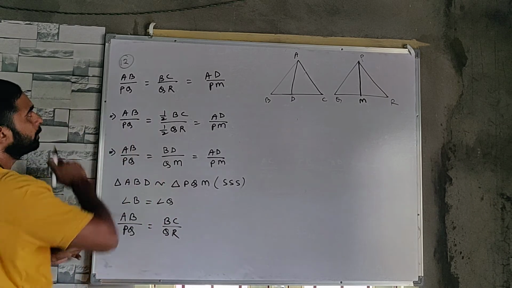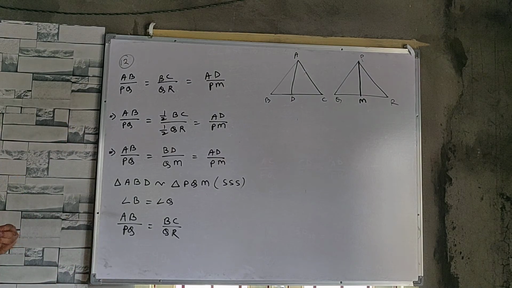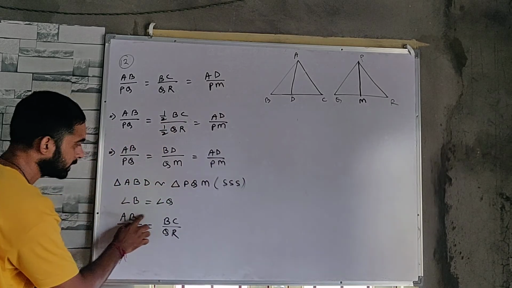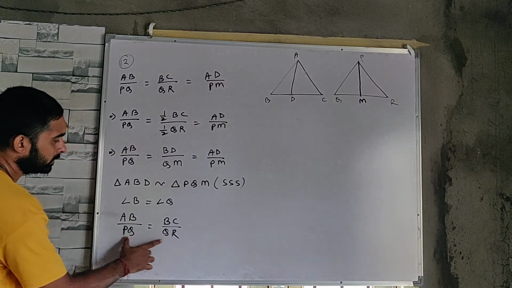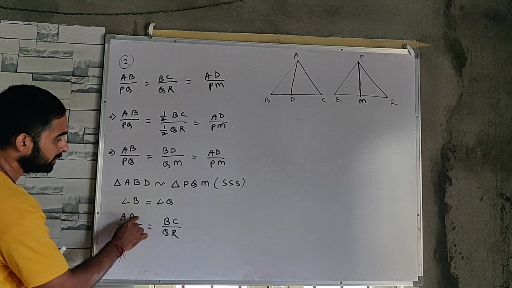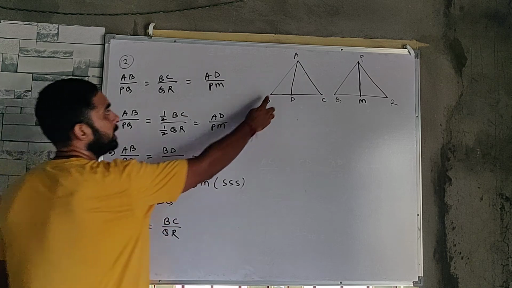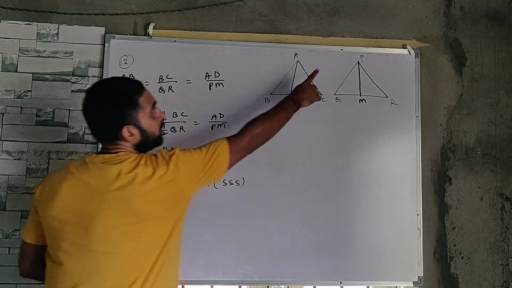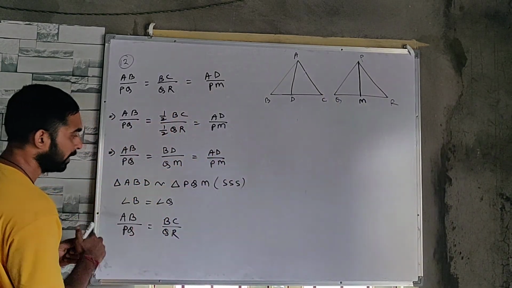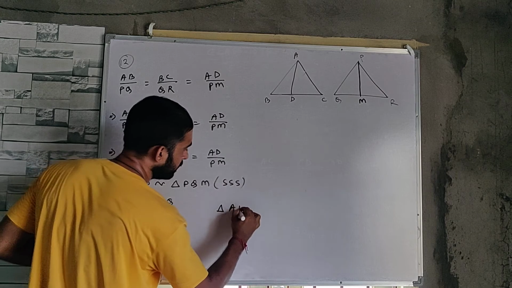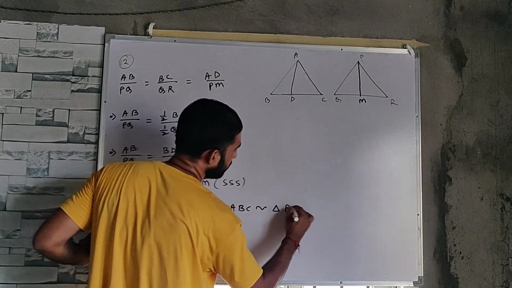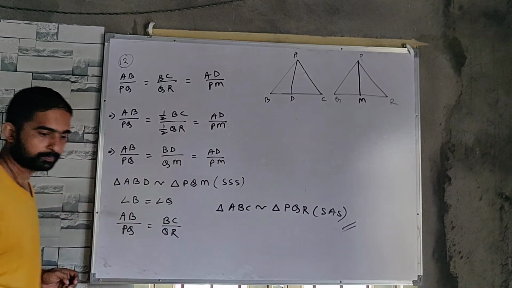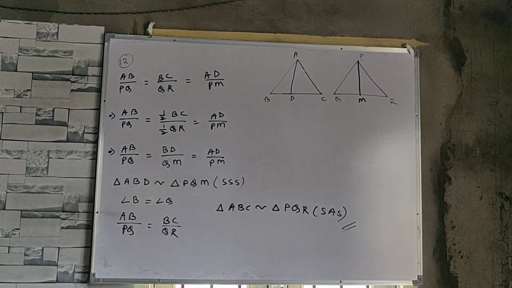The angle between AB and BC is angle B, since these are sides of the same triangle, and the angle between PQ and QR is angle Q. These are equal, so triangle ABC is similar to triangle PQR by side-angle-side. Done. This is the solution. Got it?